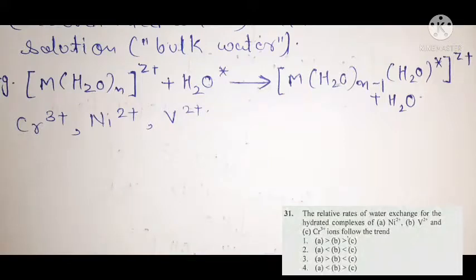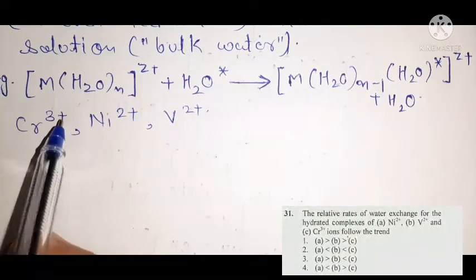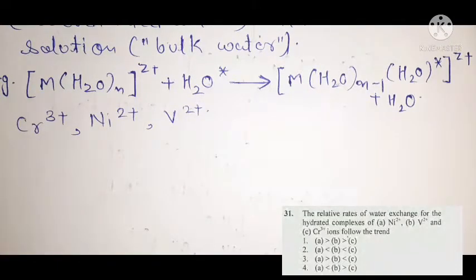On the basis of this statement we clearly see that chromium is in the 3 plus oxidation state and nickel is in the 2 plus oxidation state. When charge is high on the metal ion, it will exchange its water slowly.